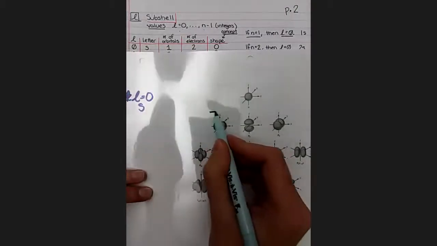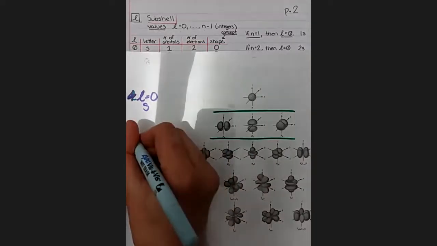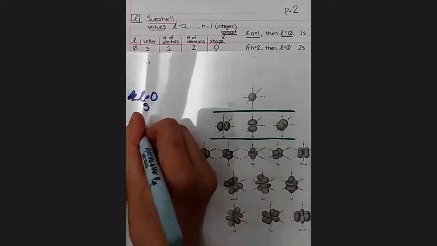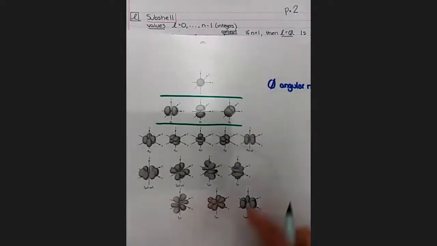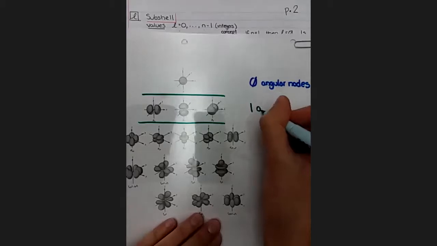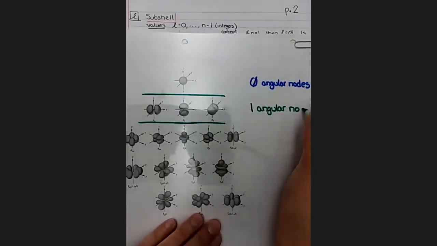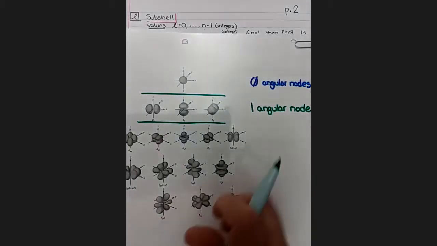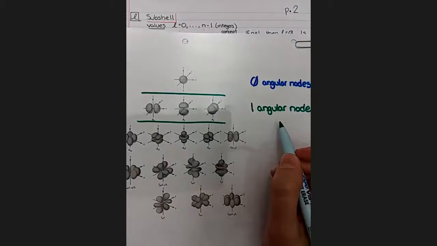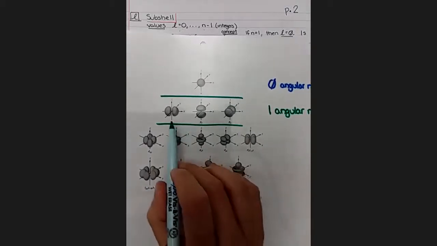Okay, and then this next set, these are the p orbitals, where L is equal to 1. And there is going to be one angular node in each of these shapes. So remember, a node is an area where there is a 0% chance of finding an electron. And so you can usually see it if you look close enough at the picture.